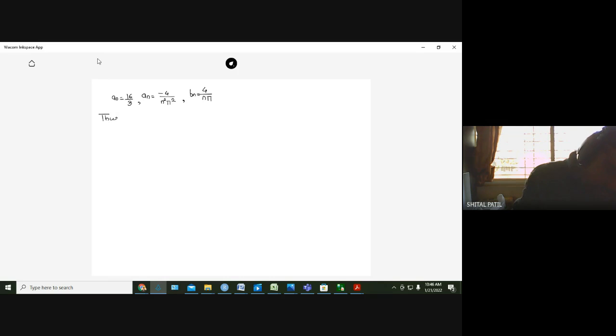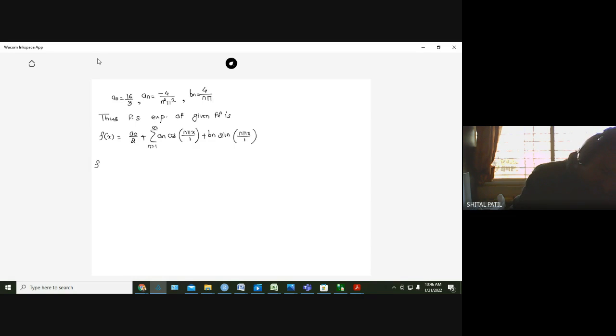Thus, you write this: the Fourier series expansion of the given function is f of x equals a naught by 2 plus summation a n cos of n pi x divided by L, but L is 1 here, plus bn sine of n pi x divided by 1, n equal to 1 to infinity.